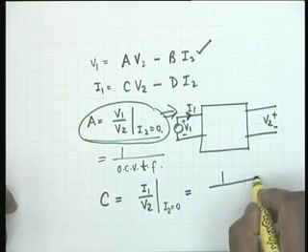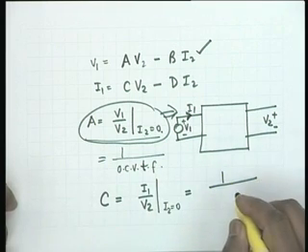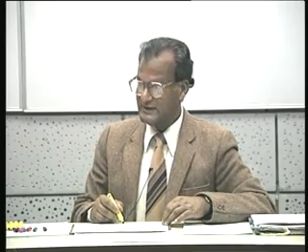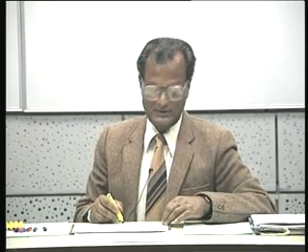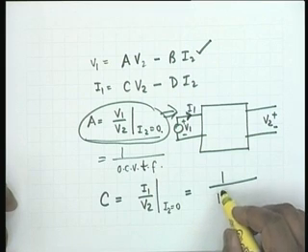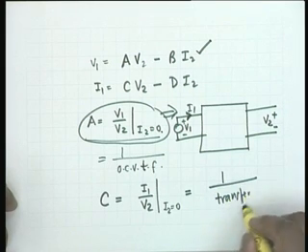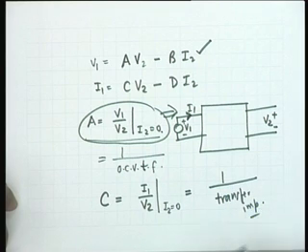You see, this is the reciprocal of a transfer impedance. V2 is the response, I1 is the excitation. So, C equal to 1 by a transfer impedance. Yes. All right.